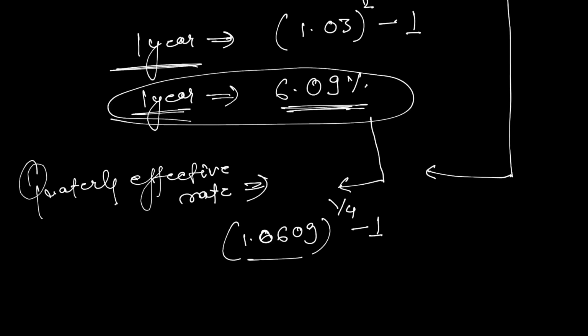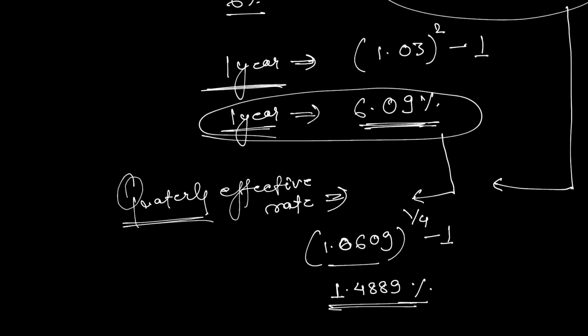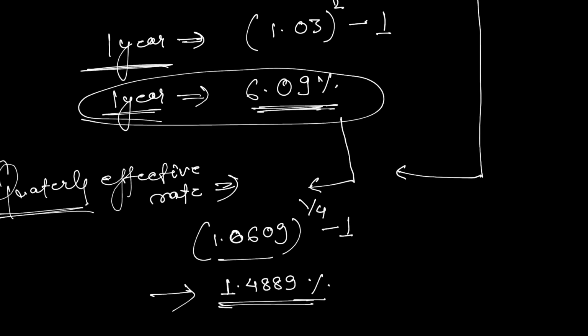So it would be 1.488. It is somewhere around 1.4889%. This is the effective quarterly interest rate. This is the 3-month effective interest rate.